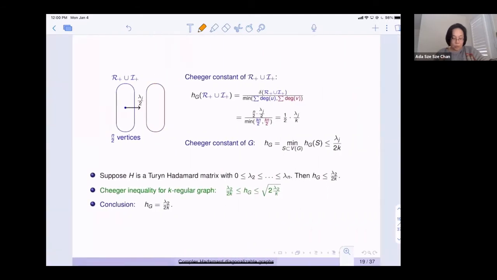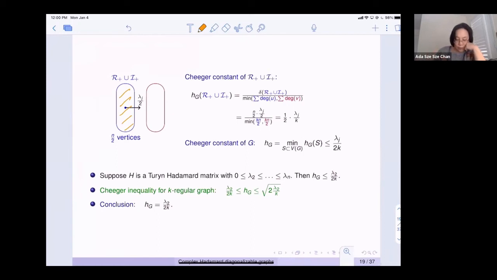So we look at this edge cut and we compute the Cheeger constant of this set. The Cheeger constant is basically this ratio. On the top, you're looking at the size of your edge cut. And at the bottom, in the denominator, you're looking at the minimum of the total degree on each side.